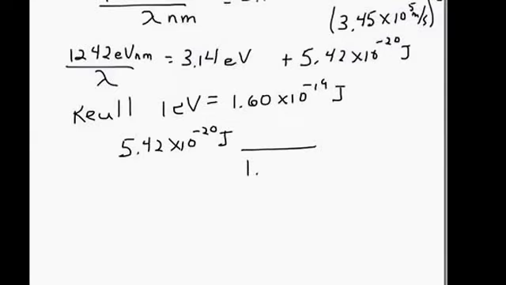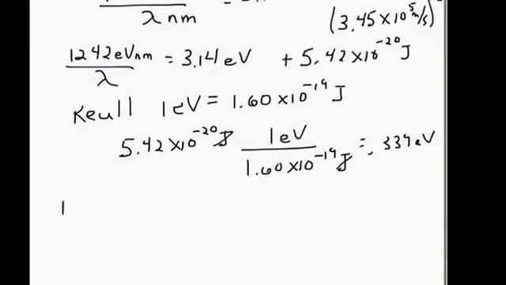On the bottom we have 1.60 times 10 to the negative 19 joules, and that will convert to 1 electron volt. Joules cancel, and when I did this on my calculator, I got 0.339 electron volts.